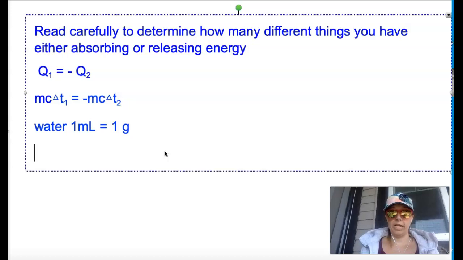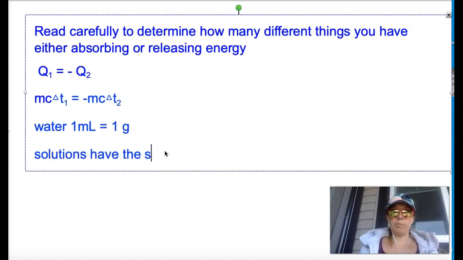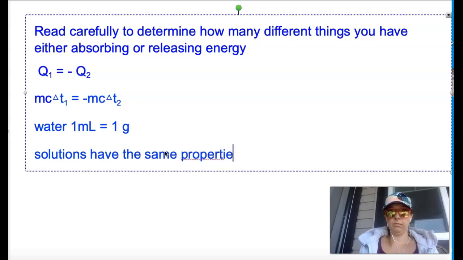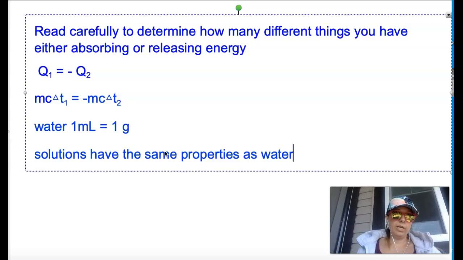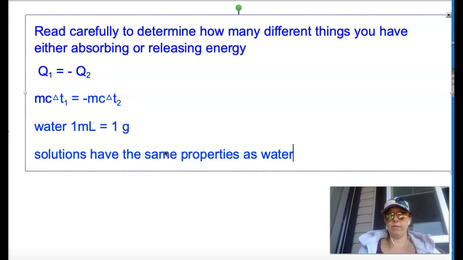And the other assumption that we tend to make in thermodynamics is that solutions have the same properties as water. Okay, I don't think we're really going to get into that too much in this lesson, but definitely in some other lessons you're going to see that we have to make that assumption. Why we can generally make that assumption is if you think about a solution, the amount of solute particles tends to be pretty minimal.